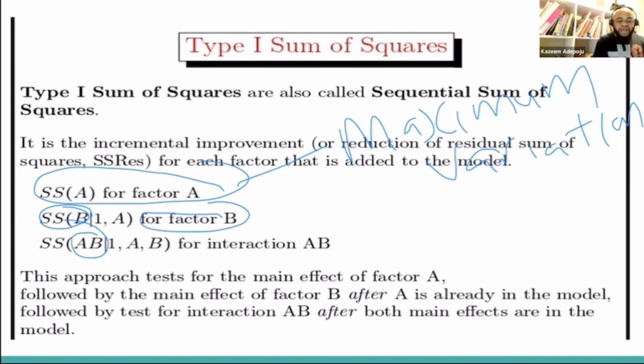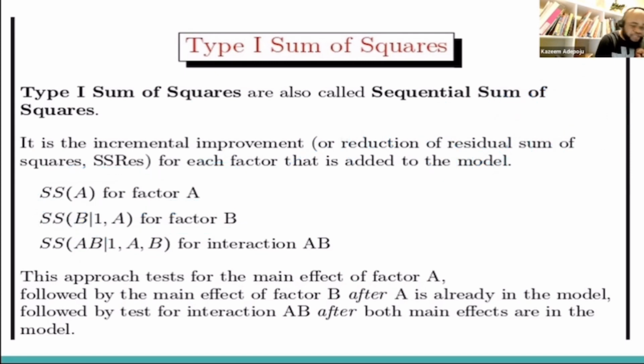The outstanding variation is assigned to residual, which means order does matter when you're talking about type 1 sum of squares.